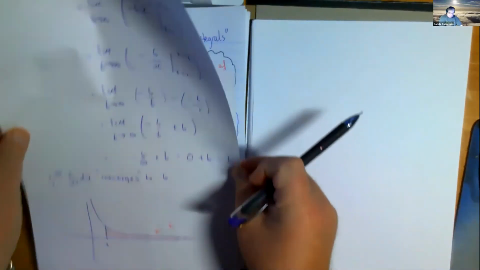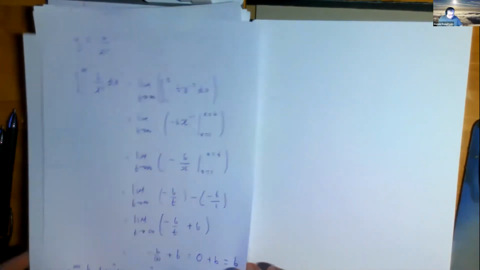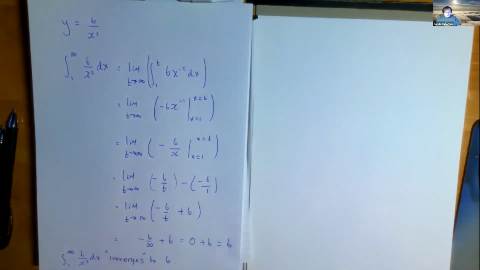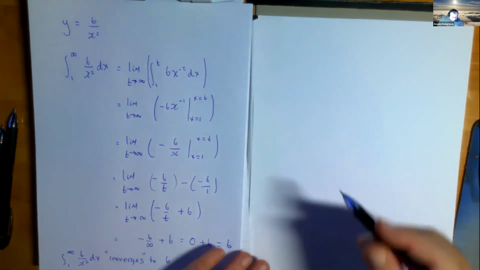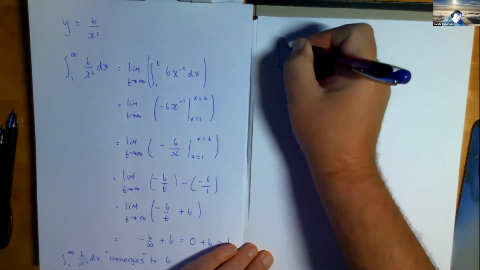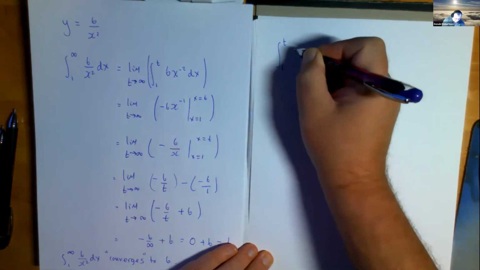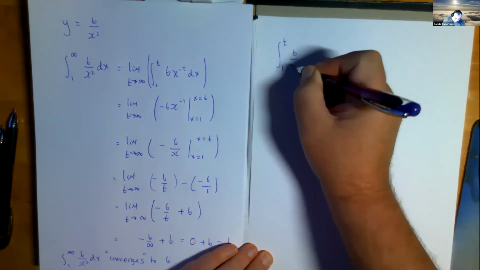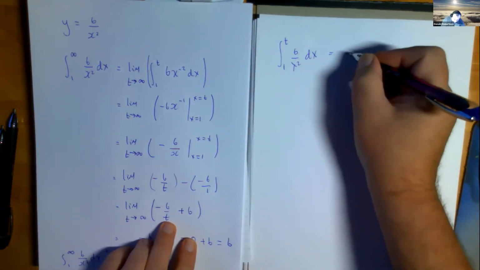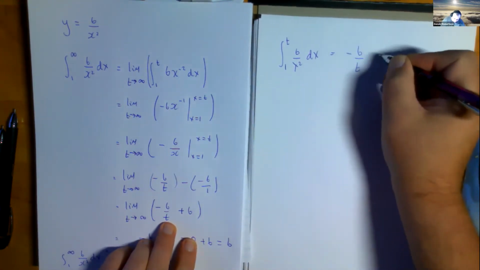Okay. Well, let's do something about this. Let me try and convince you that it does converge to 6. If I found the integral from 1 to t of 6 over x squared dx, doesn't the answer equal -6 over t plus 6?